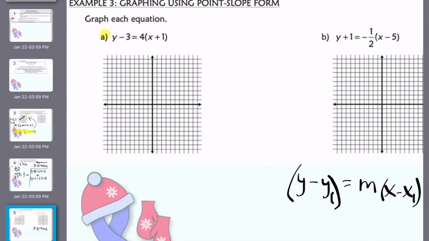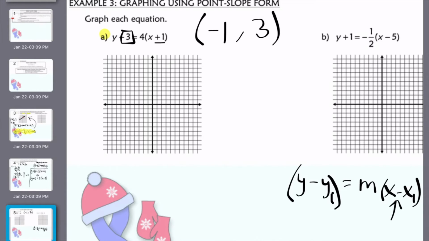This makes it easy to figure out that my y value is actually going to be positive 3, but since it's x plus 1, that had to have originally been x minus negative 1, because I'm always going to be subtracting in my point-slope form initially. But if I'm subtracting by a negative, that is the same thing as adding by a positive. So this has to be (-1, 3).